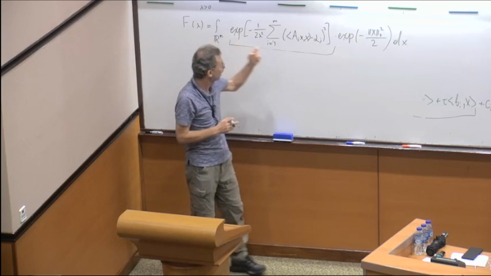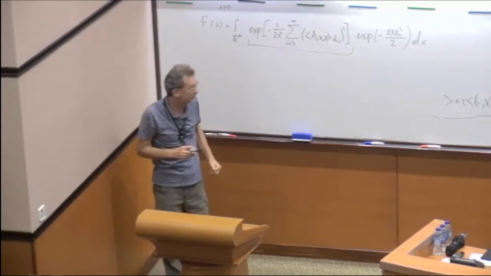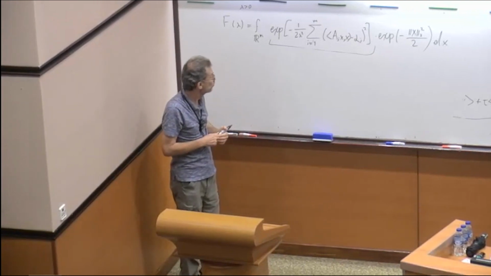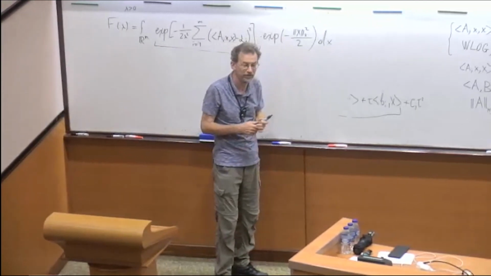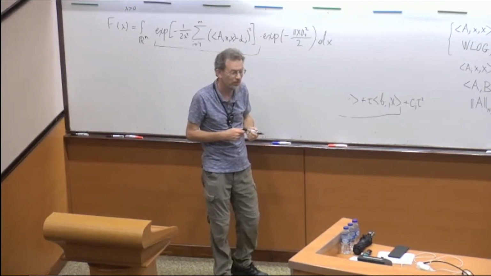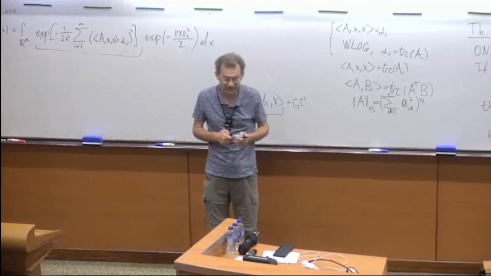So why these precise forms? The reason is that we know that the Gaussian kernel is a fixed point of a Fourier transform. And we can try to apply Fourier magic to it.